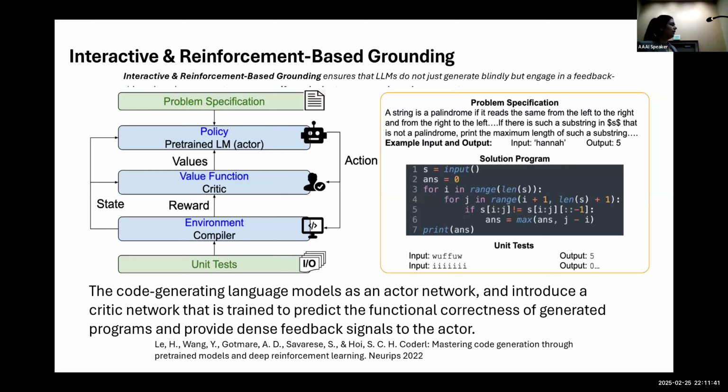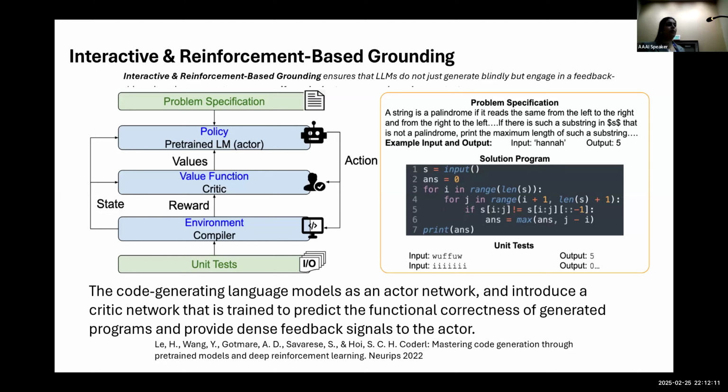In reinforcement-based grounding, this is an example of a code-generating language model, which acts as an actor network, and a critique network is introduced that is trained to predict the functional correctness of generated programs. It then provides feedback signals back to the actor. This is a specification asking whether a string is a palindrome and to provide a solution program.